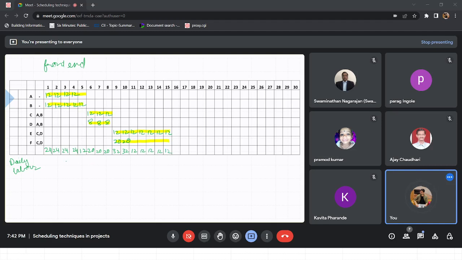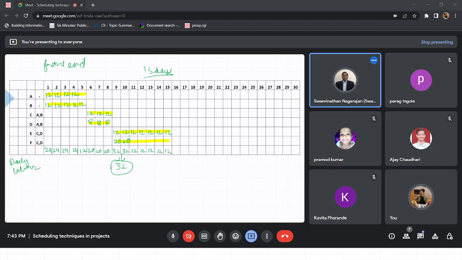What is the problem here? This is quite clear to you, no? If you have to finish it fast in 15 days, the labor distribution will be like this, and the maximum laborers per day would be 32. It might be possible that you don't even have space for 32 laborers on your site for one day.